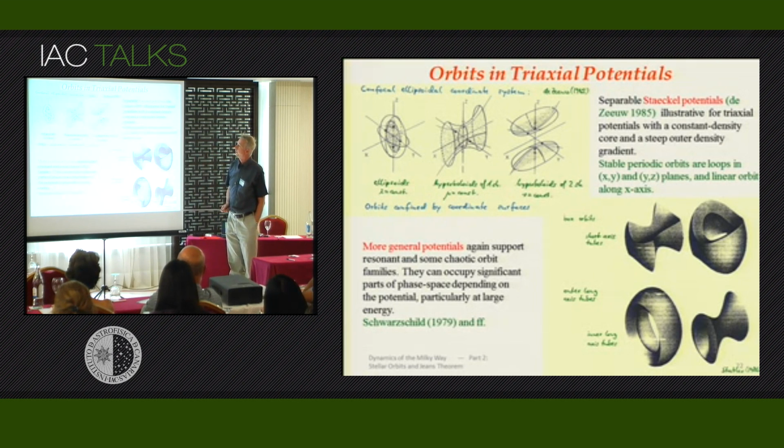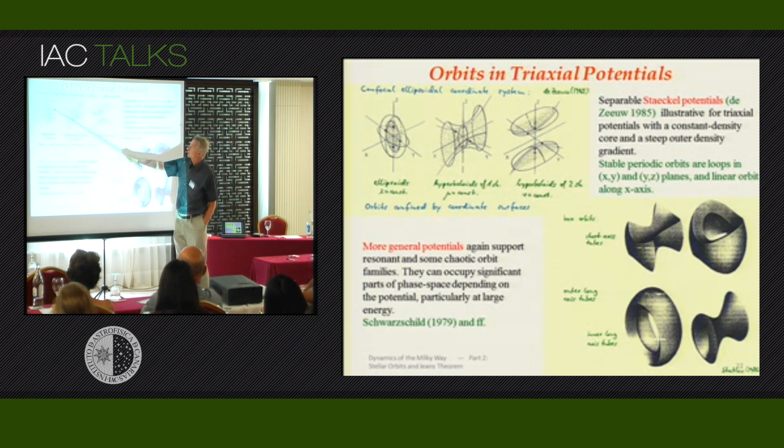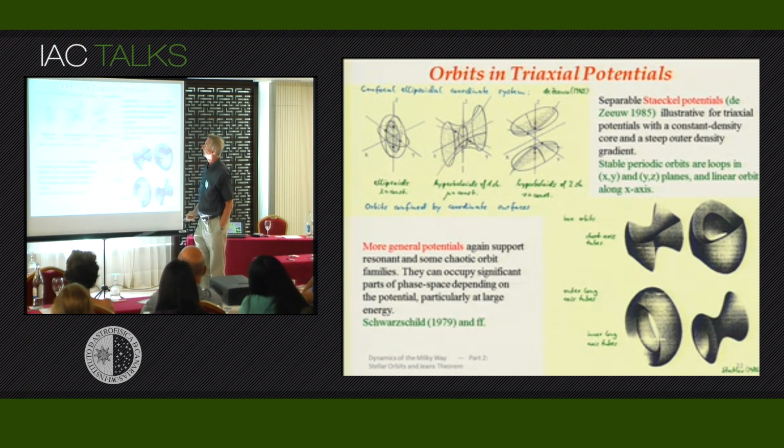So now let's go to triaxial potentials. And again, there is one class of integrable potentials which can be written in these confocal ellipsoidal coordinates, defined here as ellipsoids lambda. That's these here. Then there's a hyperboloid of the first kind, defined by this coordinate mu here.